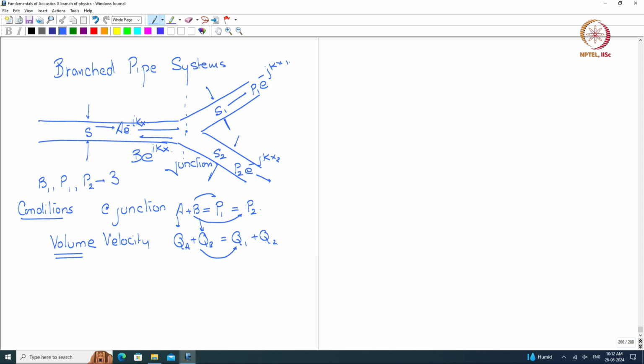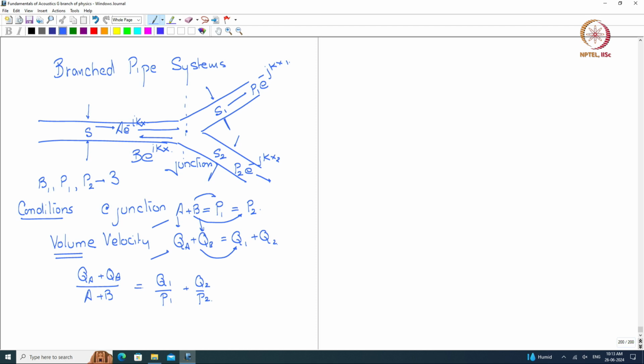So let us see now, QA plus QB divided by A plus B is equal to Q1 by P1 plus Q2 by P2. P1 is equal to P2, that is why we can write this.